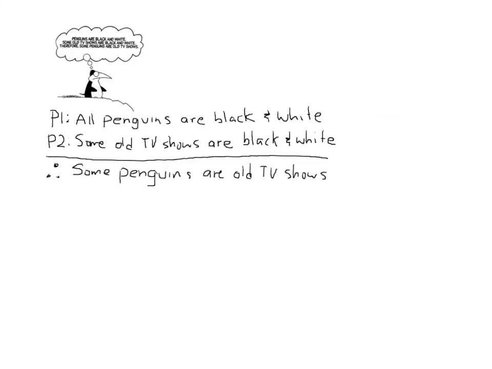So just as with the factually true conclusion of that previous argument, that all terriers are dogs, is irrelevant to the issue of validity, so too with this conclusion of this argument. The fact that the conclusion here that some penguins are old TV shows is false is not what makes this argument either valid or invalid.